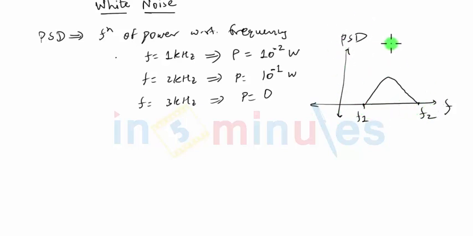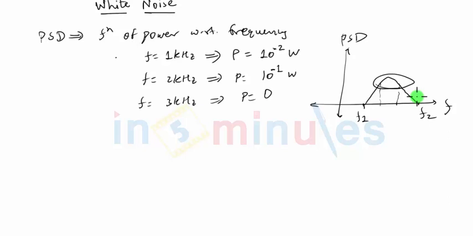So power spectral density gives us the information on power content at various frequencies in the signal, which will further tell us which frequencies are present and which are not present. You can also make one more conclusion, that frequencies in this particular band are more dominating compared to frequencies towards f1 and f2.